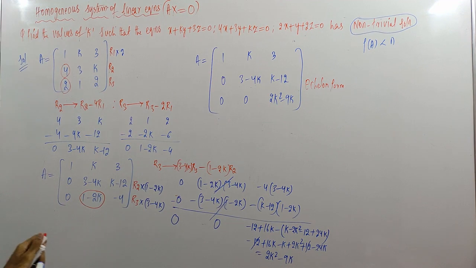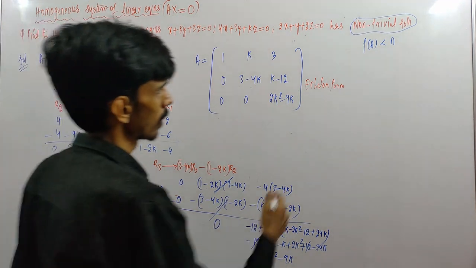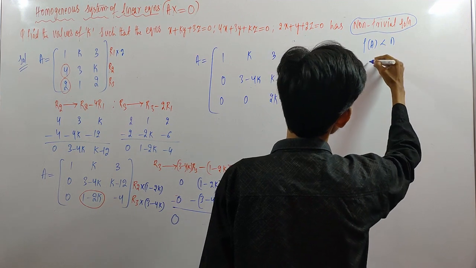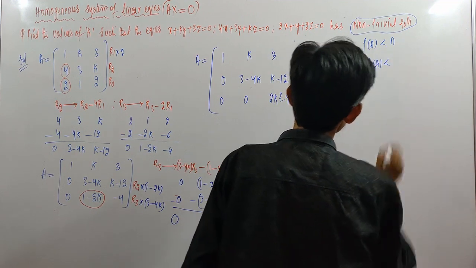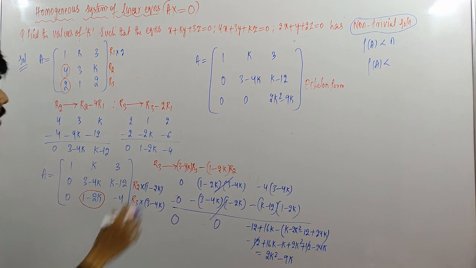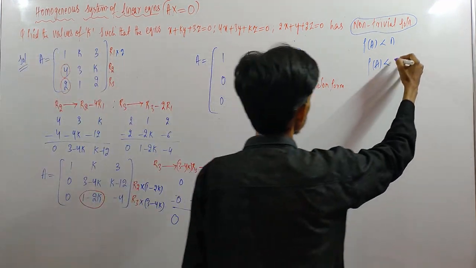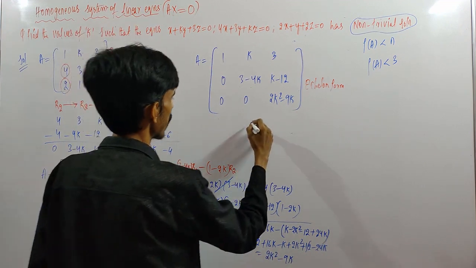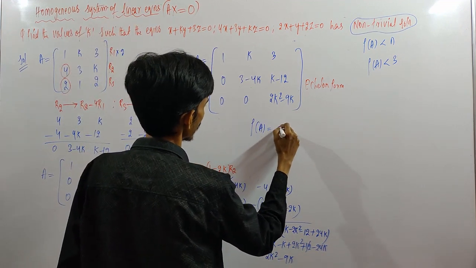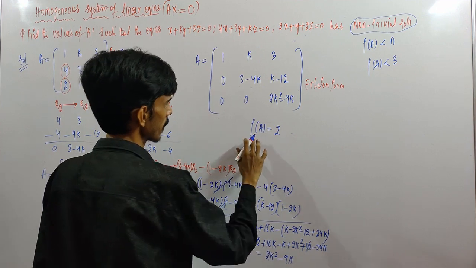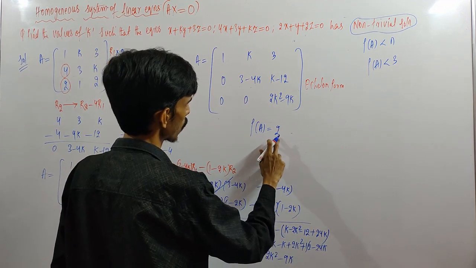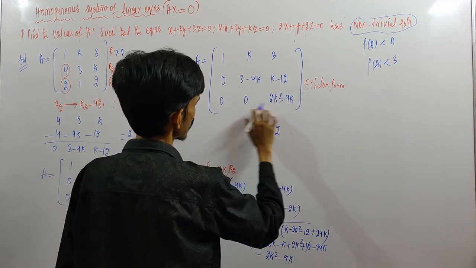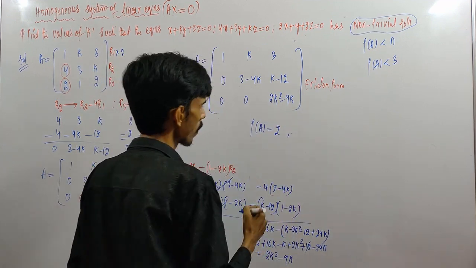Now it is given that a non-trivial solution means the rank of A should be less than n. The value of n is the number of variables: we have x, y, z, 3 variables. So the rank of A should be less than 3. Let us suppose the rank of A is 2. If the rank is 2, it has two non-zero rows, the first and second, and the third row should be a row of zeros.